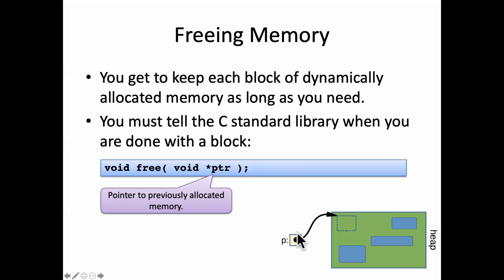If you've got a pointer that points to some memory that you malloced, and you know you don't need it anymore, you can call free, give it that same pointer, and that memory is given back to the heap. It probably will get used for something else if you later call malloc and ask for more heap memory.